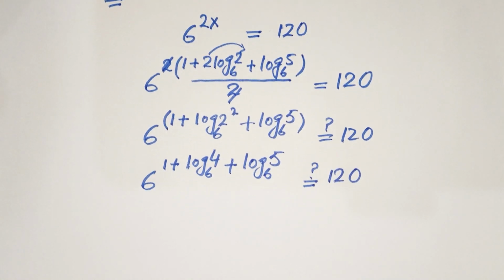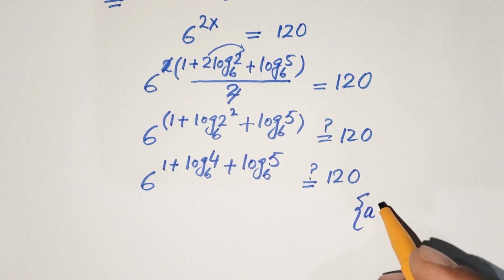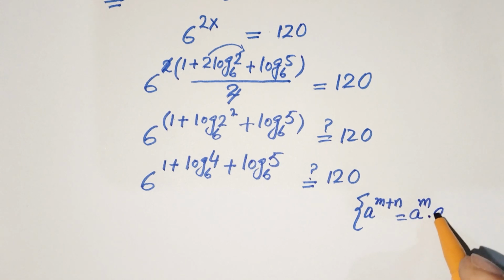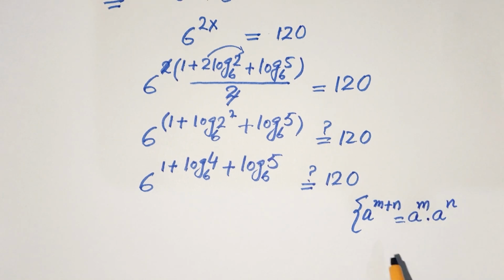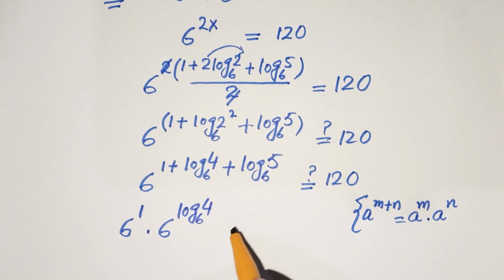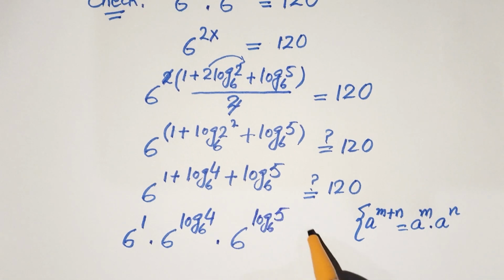Now, as we know by the exponential law, that a raised to the power m plus n can be written as a raised to the power m times a raised to the power n. So using this law, we get 6 raised to the power 1 times 6 raised to the power log 4 with base 6, times 6 raised to the power log 5 with base 6, which is equal to 120.